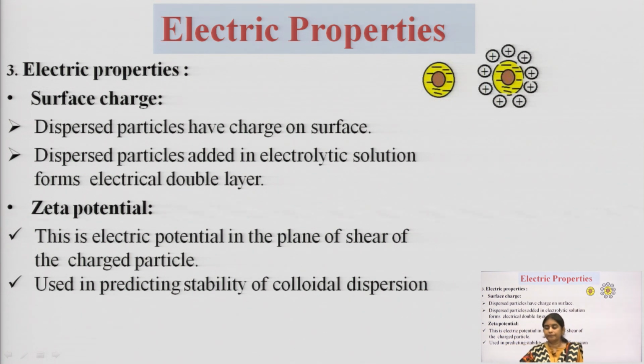Then comes your electric property. Electric property of colloids is a very important one. We have already discussed how these charges are created on the surface of the particles. The charges can be created due to three causes.